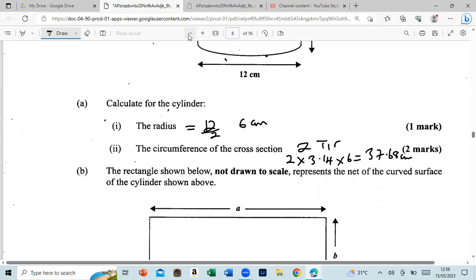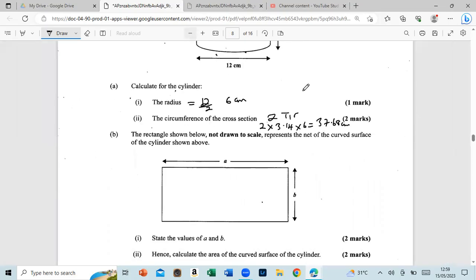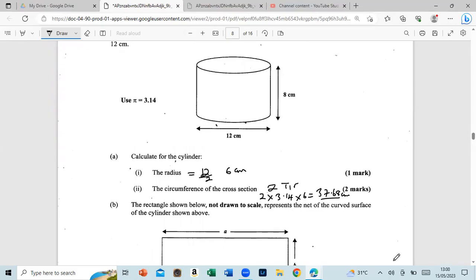They want us to state the value of A and the value of B. Think about it guys, if you open it up, this would be A, the length, so A would have been 37.68, and then B would have been the height, which was given as 8.